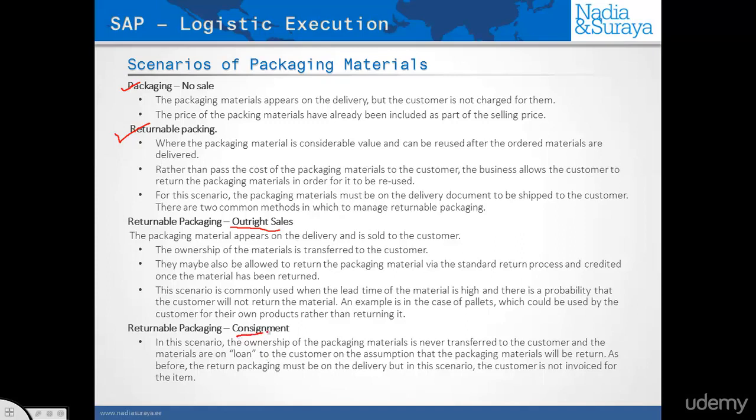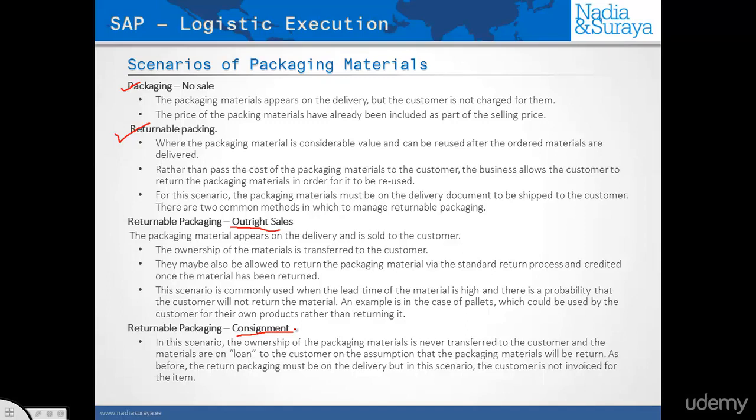Lastly, we also have consignment, where the seller still owns the packaging material even though it's on the customer site. In theory, it's on loan to the customer. This is usually used for packaging materials that are quite bulky, that the customer can never reuse, and that should be returned to the factory. For example, there is something called a skillage, which is basically a big metal cage.